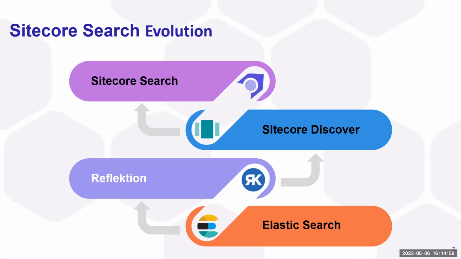Sitecore continued to enhance its search capabilities and extended them beyond just product search that we discussed. It included generic search, allowing users to search across all content within the platform. And then Sitecore introduced Sitecore Search.